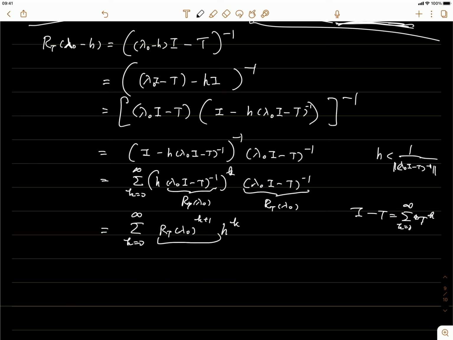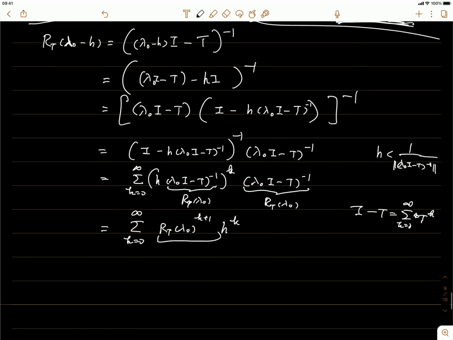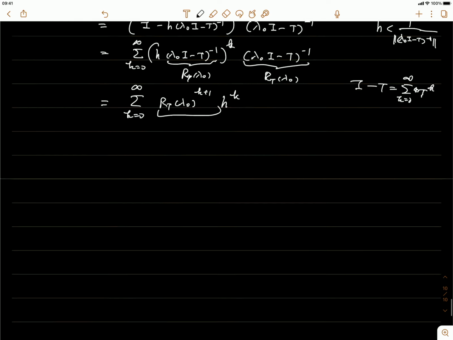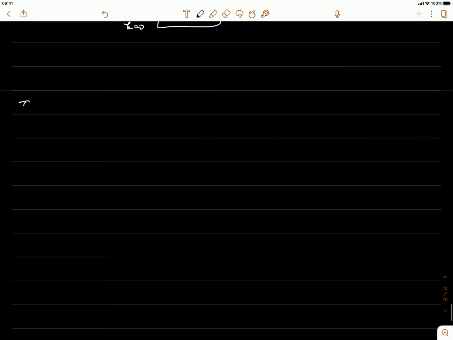That's the power series representation, and you can also show the analyticity in this way. Now, continuing, we remember that we want to show that the spectrum is non-empty.